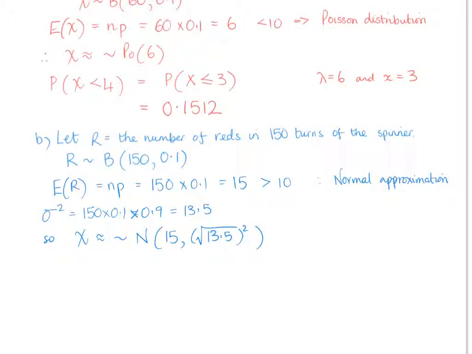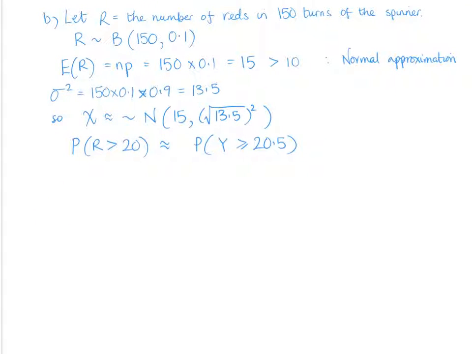So we've got to do a continuity correction, so we want the probability of R greater than 20. So our continuity correction gives us the probability, we'll change R into Y, that's greater than or equal to 20.5. And then we've got to standardise it now.